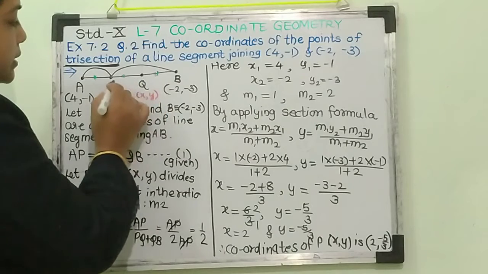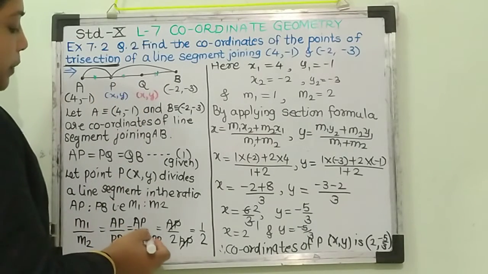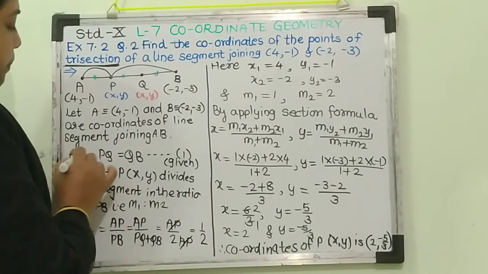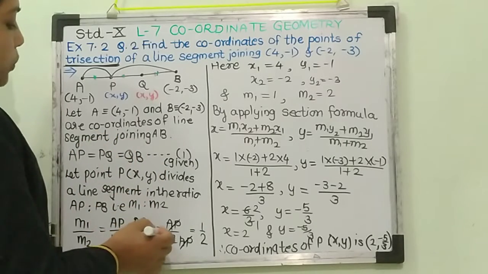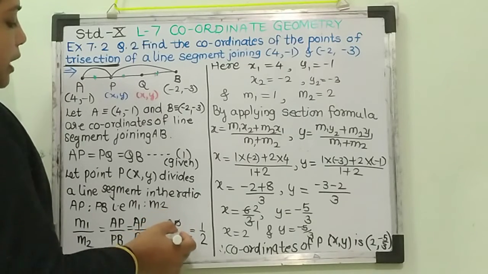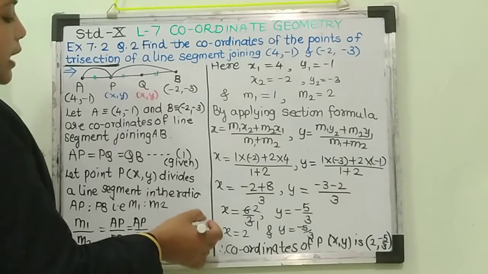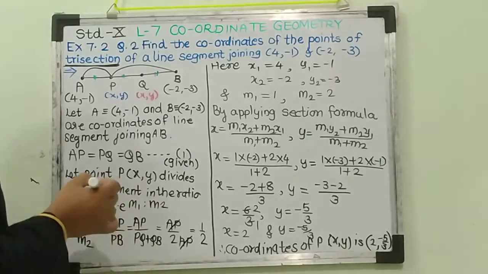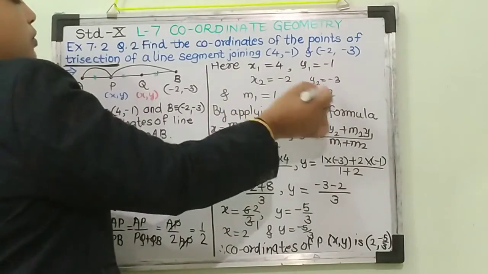But PB is the sum of PQ plus QB. So here I am writing PQ plus QB. But from first we get AP equals to PQ equals to QB. So I replace PQ and QB with AP. So I get AP upon twice AP. So AP will get cancelled and we get the ratio 1 is to 2. So here the value of M1 is 1 and M2 equals to 2.